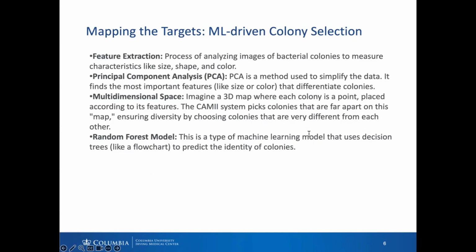You have scaling and dimensionality reduction. So really what happens here is you process the images and measure the characteristics, like I mentioned already, and then you do principal component analysis, which is basically deciding which of those criteria is the most important. And then you do a demultiplexing, which is just reducing multidimensional space. So say you have 4 dimensions: size, shape, color, and fluorescence, right?